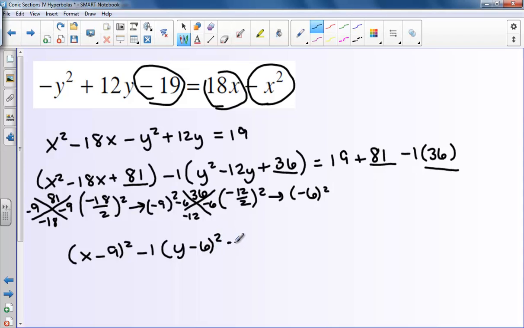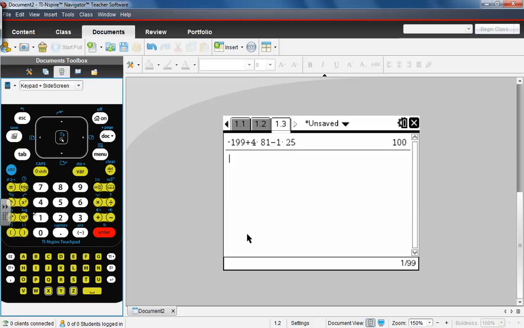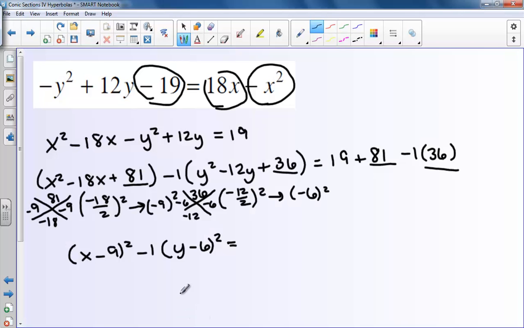Equals, and so let's go ahead and simplify here. 19 plus 81 and I get 64. So that is equal to 64. Alright, I need it set equal to 1, so let's just divide all the way across.